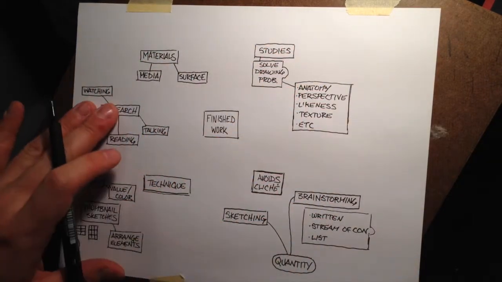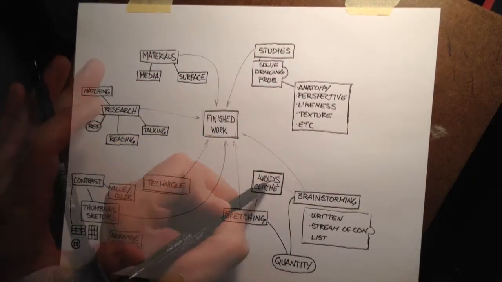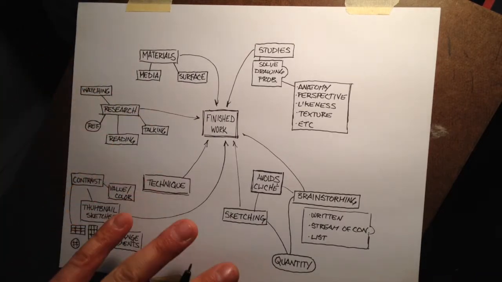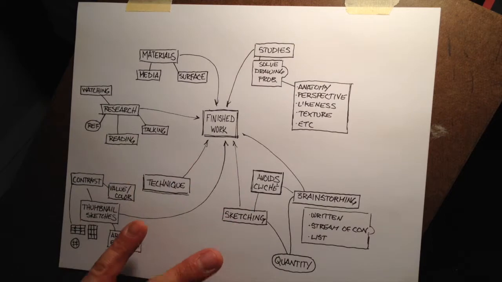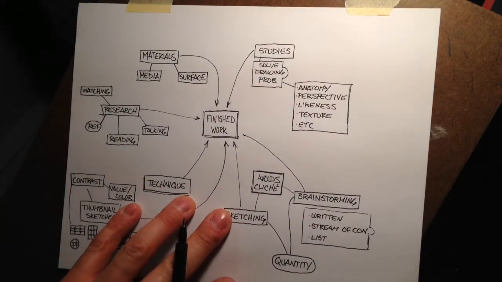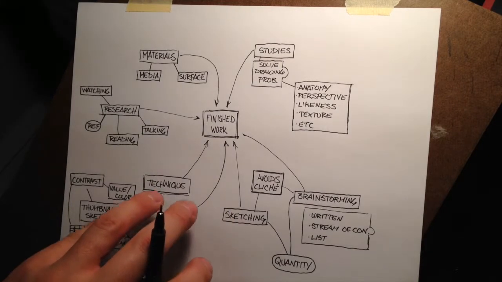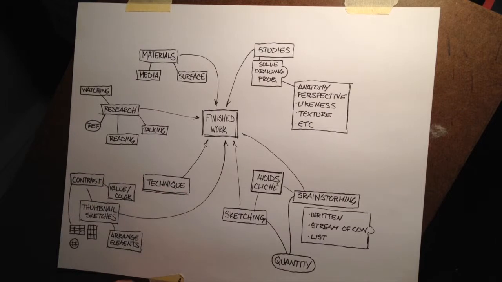Then you could focus on all these other things. So each one of these needs to be checked off. This process can be used almost, I personally think, regardless of what you're drawing, what you're painting, it involves these to some degree. And you have to make decisions and think about these, each one to some degree.